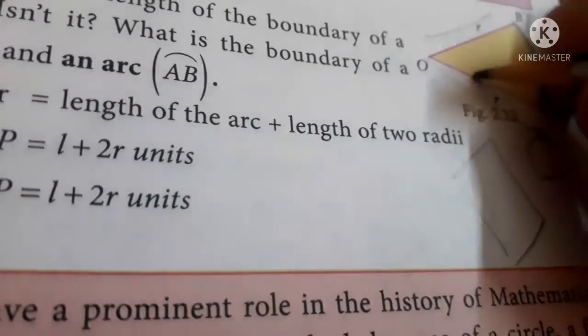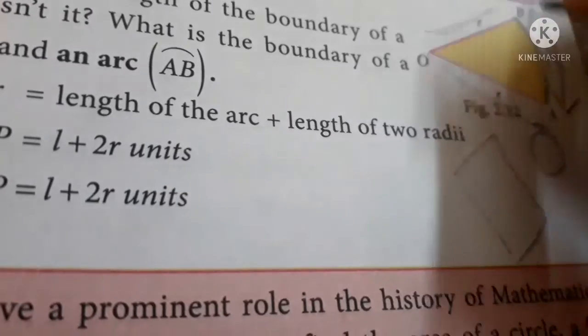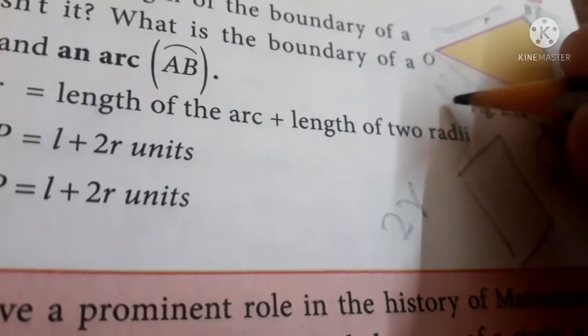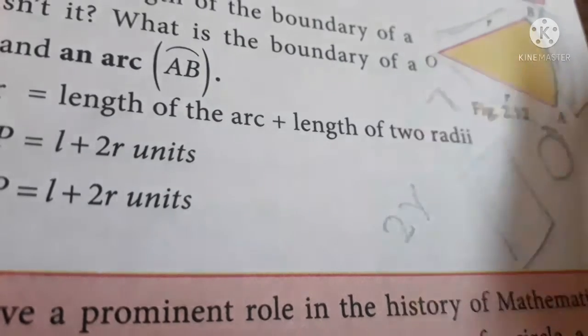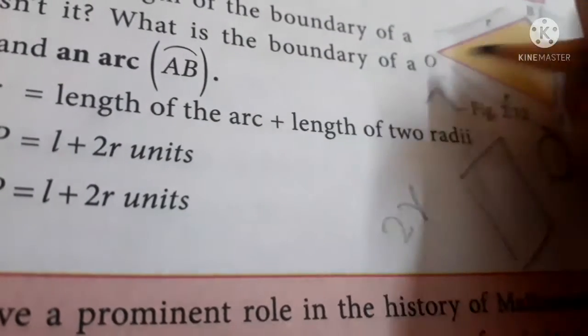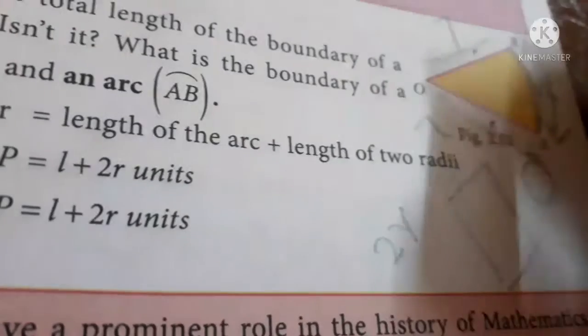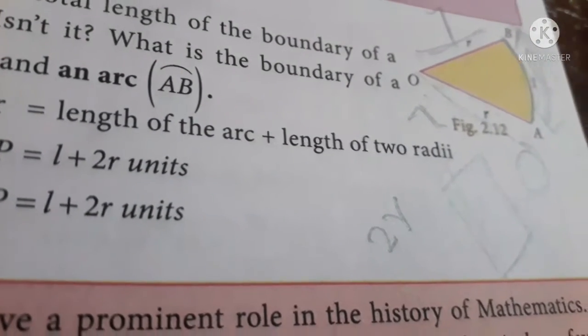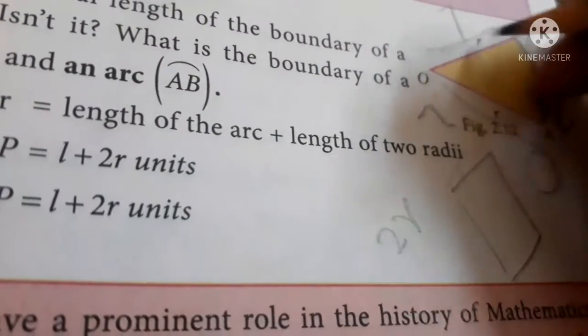These both lengths are the same, so you can take it as 2r. See, if it is 7, then this plus this will be 7 plus 7, or else 2 into 7, right? So r can be taken as 2r for this whole thing.